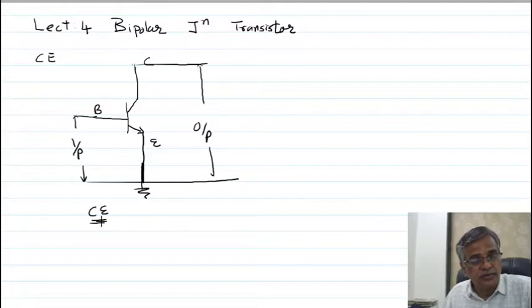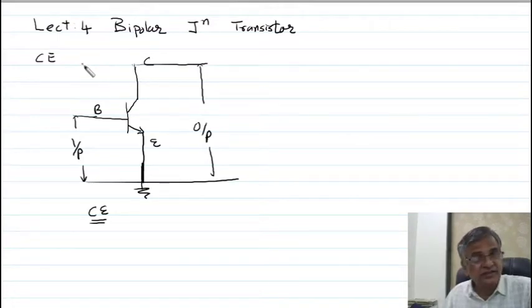We want to obtain the relation between input current and input voltage, and output current and output voltage. The graph of input current versus input voltage and output current versus output voltage is known as the characteristics of the common emitter amplifier.